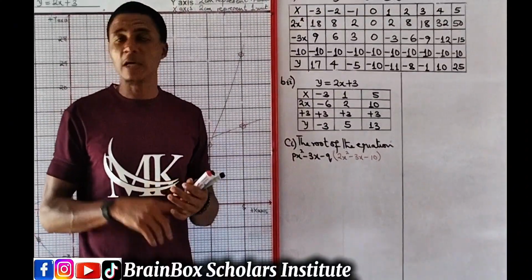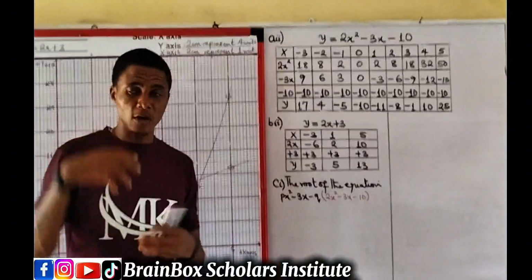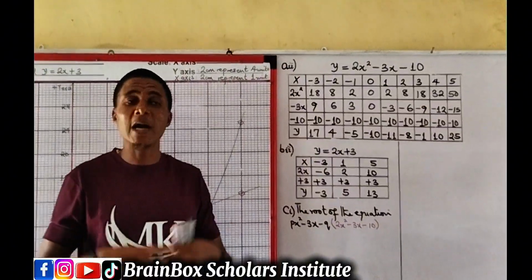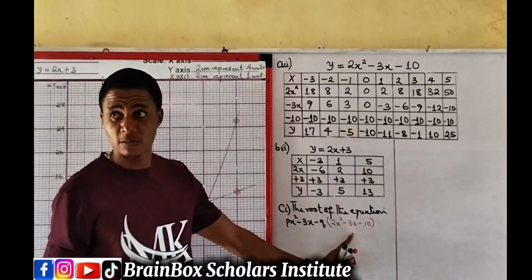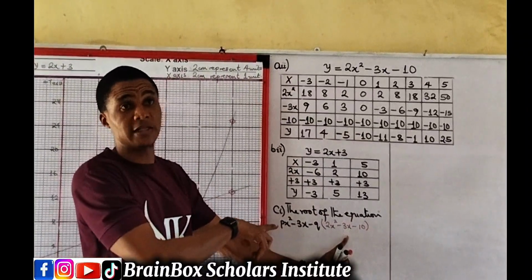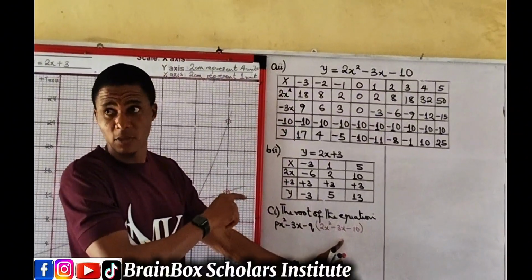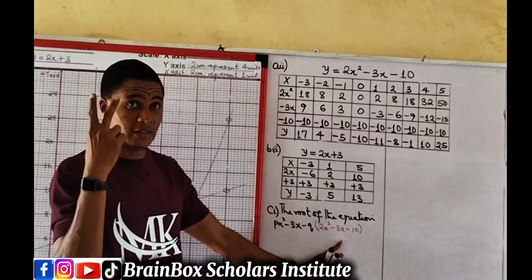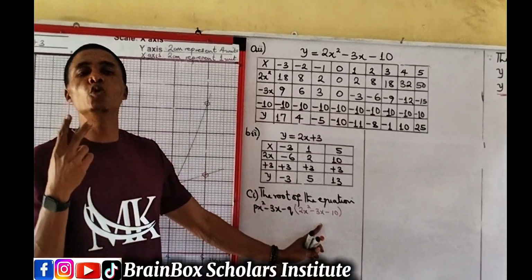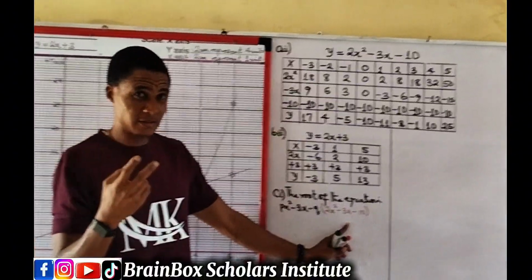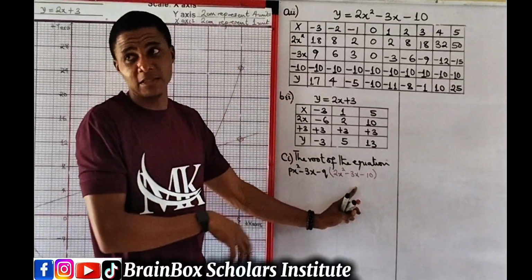So I told you that you can even use your graph to get the root of any quadratic equation. You can solve this using the factorization method and get two possible values of x, but right now I'm going to use my graph to get the two possible values of x, where the curve cuts the x-axis.